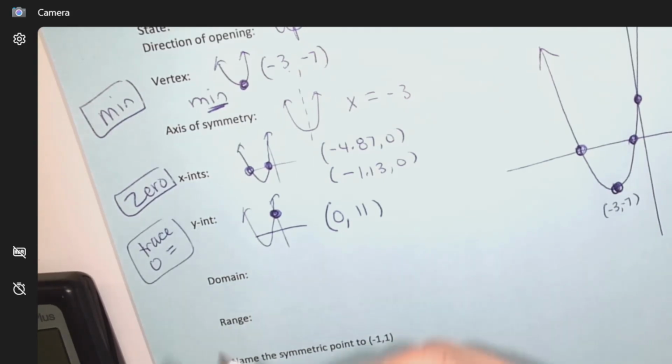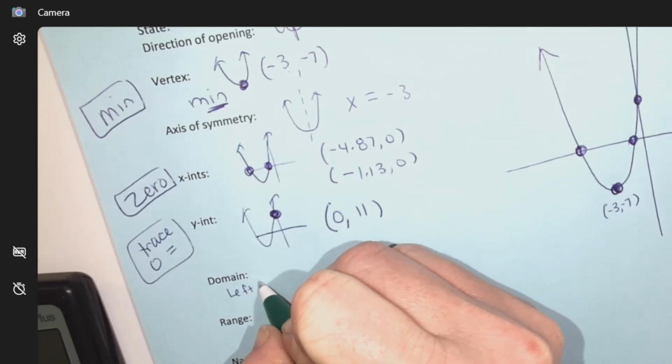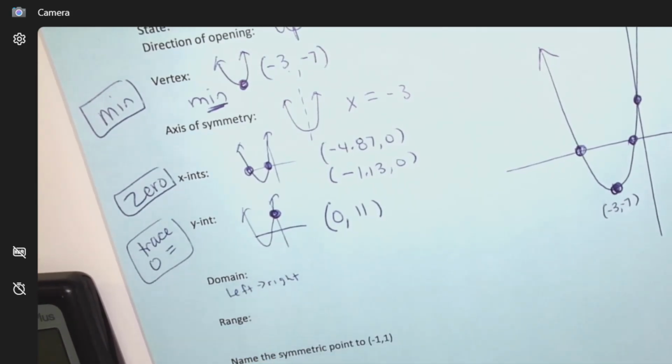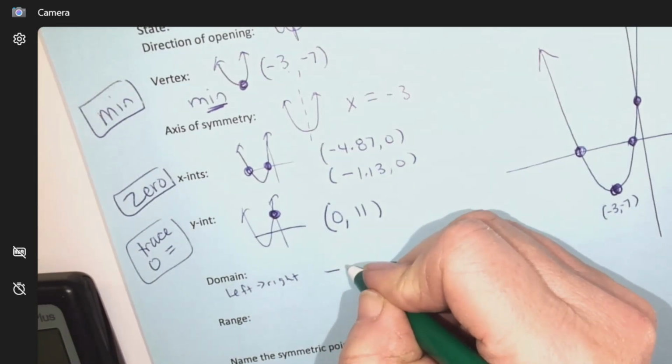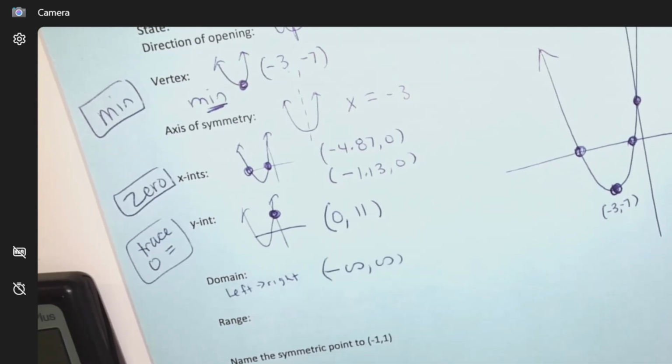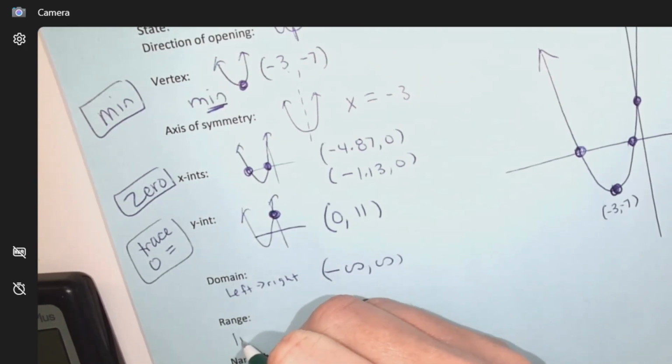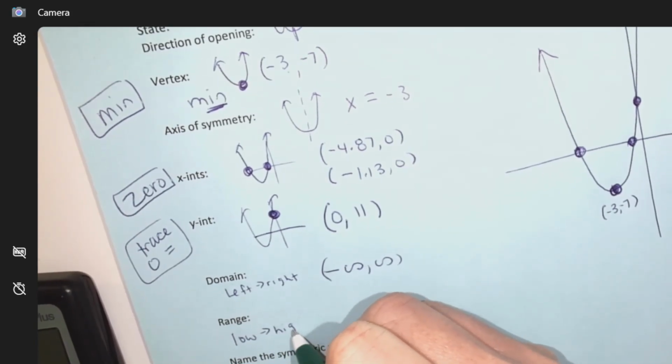Okay, domain. You have to think about left to right. So what's the left to the right situation? -infinity to +infinity. Range, you're going to have to think low to high.